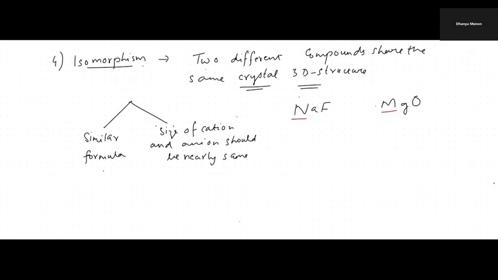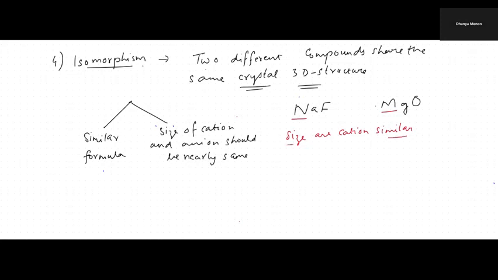So the size is not same, but similar. So the size of cations are similar because they are in the same period. It's a gradual increase, so it's not a big jump. So sodium and magnesium have similar size.